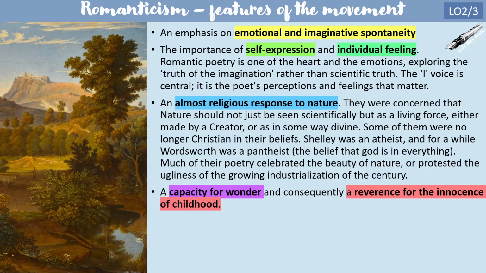So that idea of something being awesome, overpowering, wonderful, and beyond the limits of human understanding. And that feeling of the sublime, of being overpowered by the beauty of the world, is likened by the Romantics to the innocence of a child, and the wonder that a child holds in everyday life.